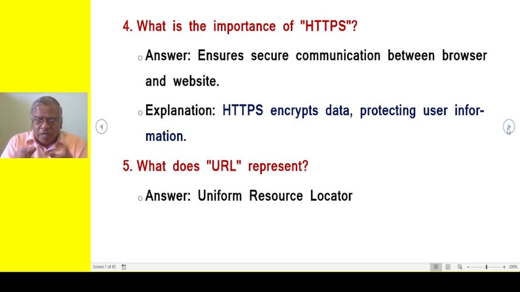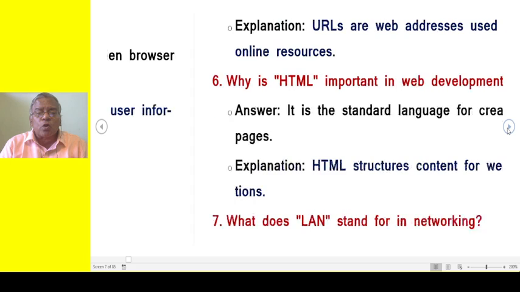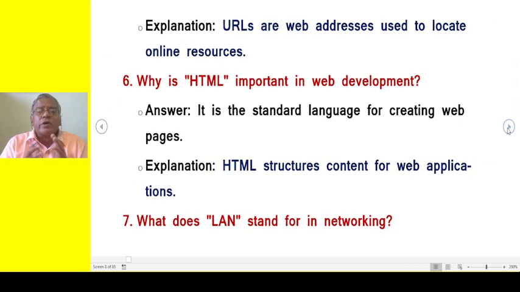It ensures secure communication between browser and website. HTTPS encrypts data, protecting user information. What does URL represent? That is Uniform Resource Locator. URLs are web addresses used to locate online resources.